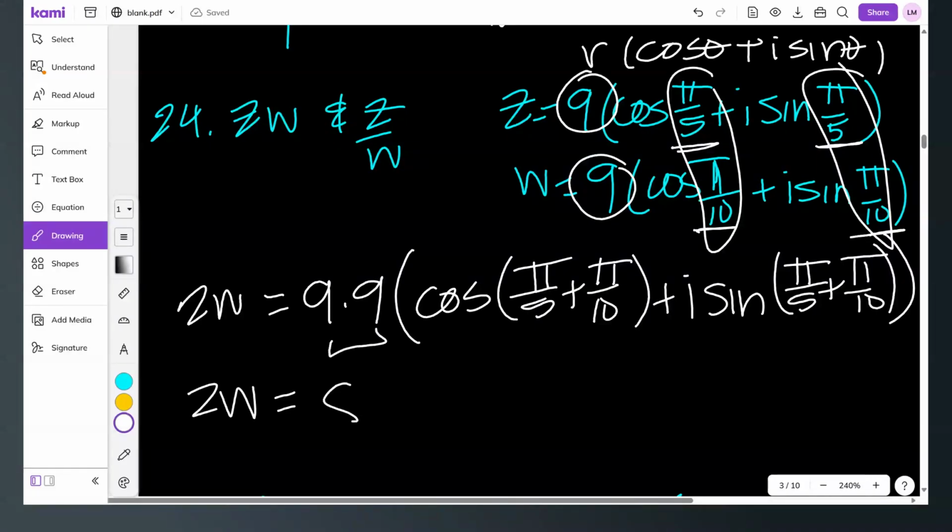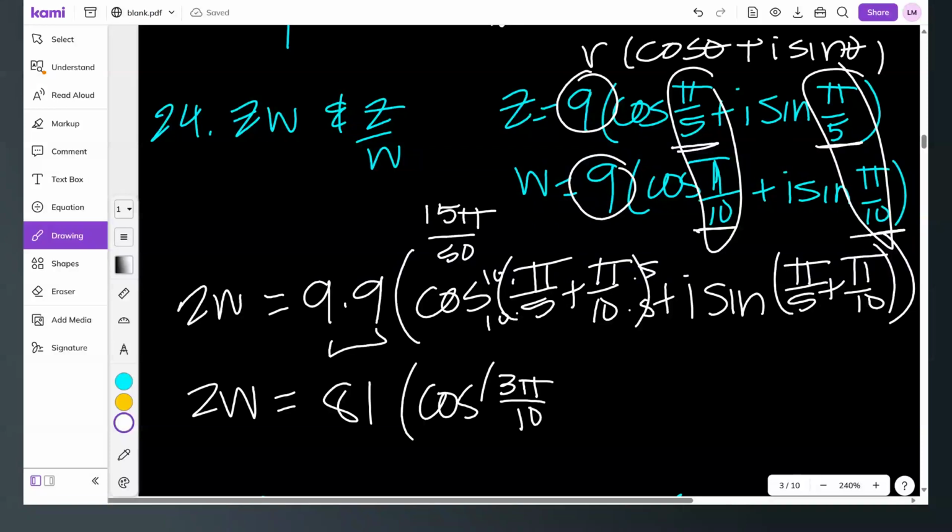So 9 times 9 is 81. When I add these two fractions together, I find common denominators. So that ends up being 15 pi over 50, but I can divide that by 5. So 3 pi over 10, and I don't have to redo that for sine because it's the same numbers.